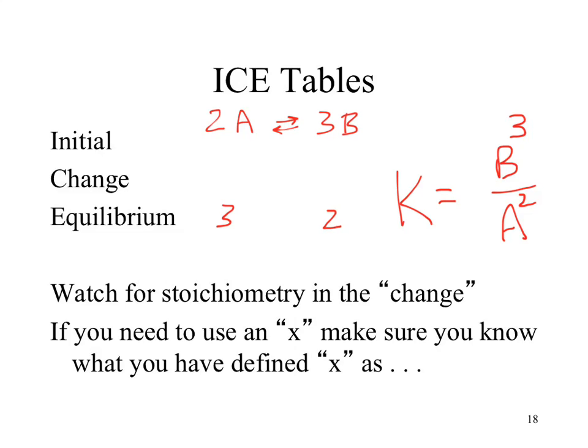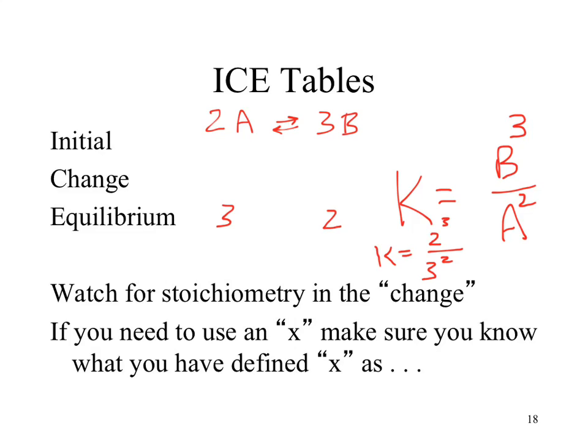What would I plug into my K expression? K equals, what's the concentration of B at equilibrium? 2 cubed over 3 squared. We don't have to worry about the change. Why not? Because I gave you the equilibrium concentrations.